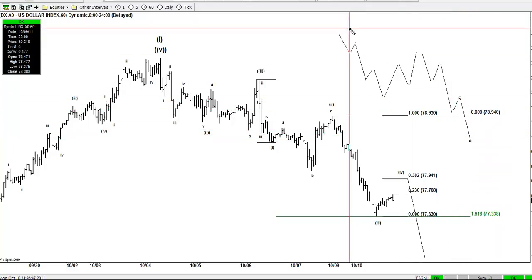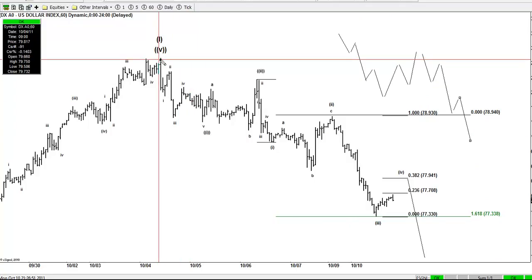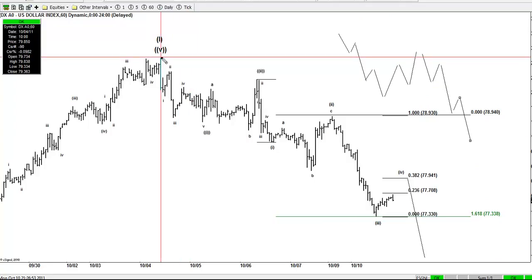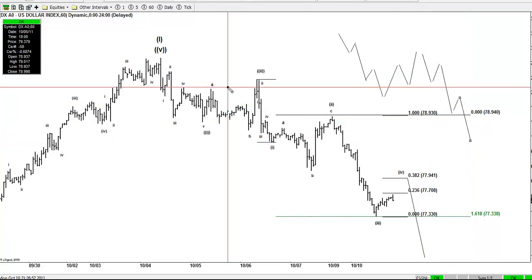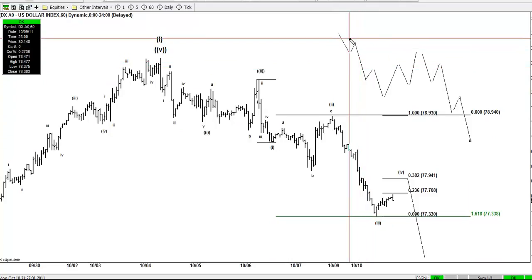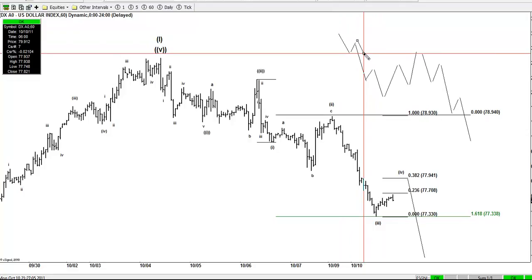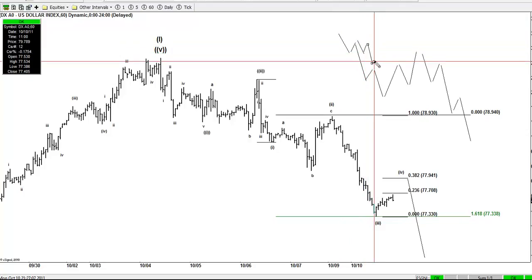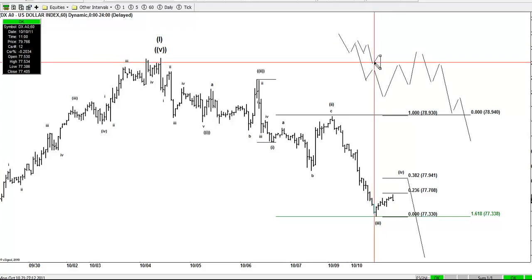So that move is going to take the dollar from around this area, around the 79, 80 area, to 75. As you guys know, each subdivision of this needs to be in 5. So as of right now, we should be right here if that's the case.